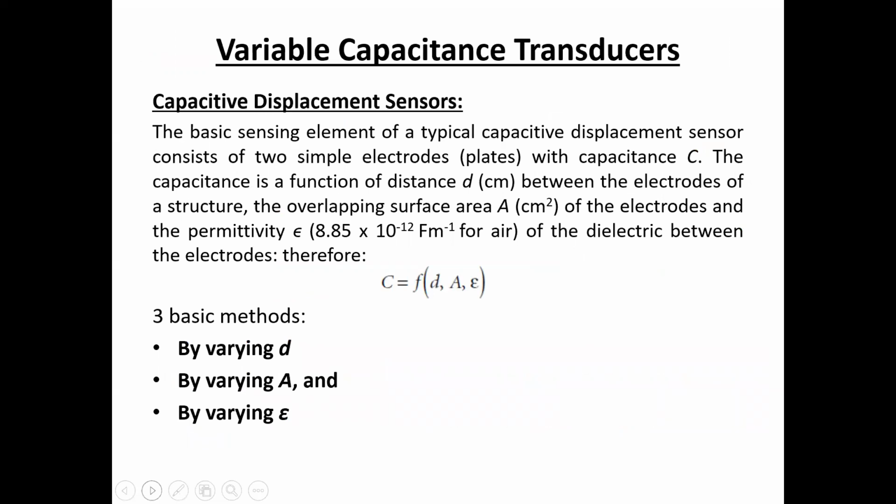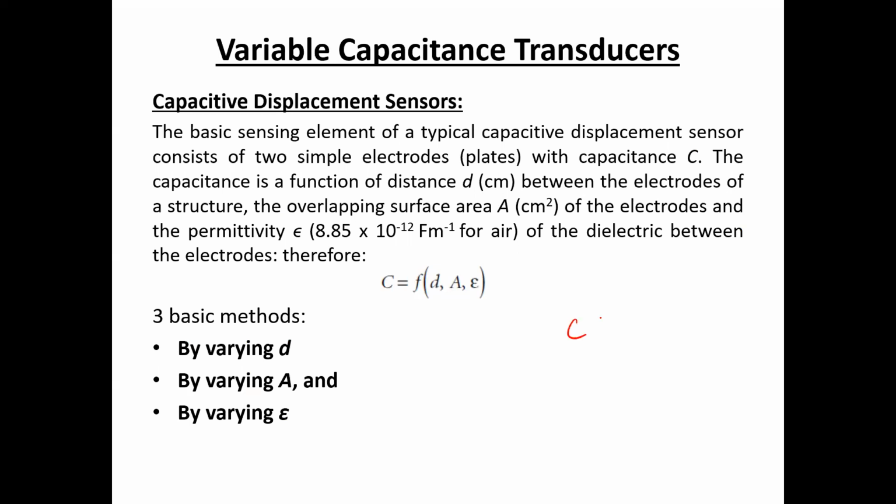Okay. Now, if I move on to variable capacitance transducers, similarly, like we examined the expression of inductance first, what are the variables to which the inductance is related?